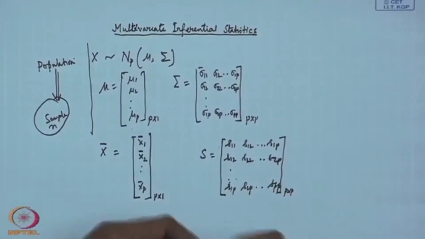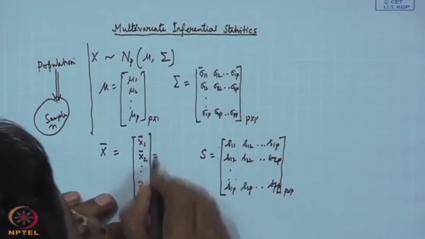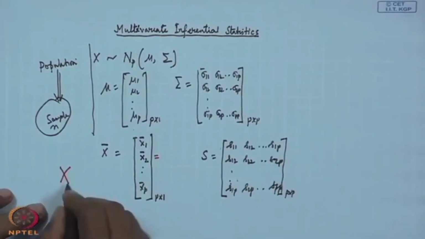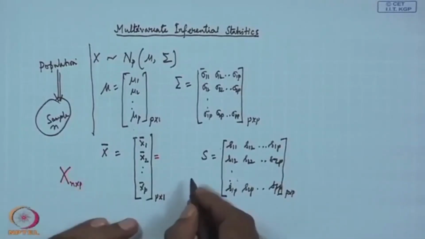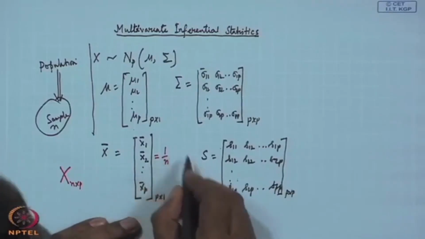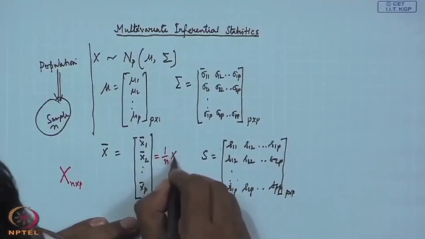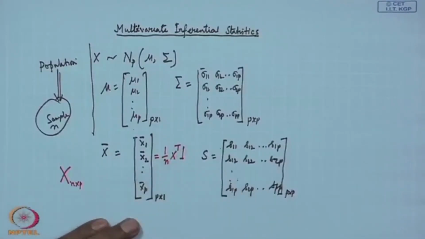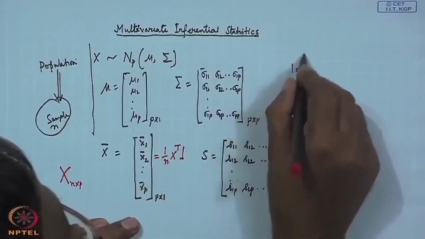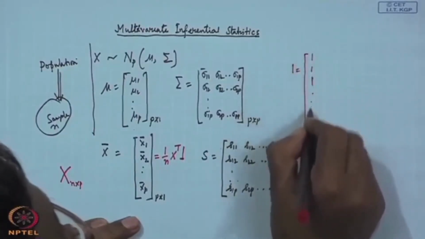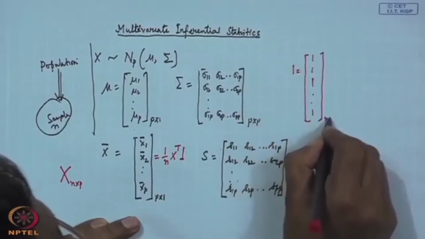What formula have you used earlier? If your data matrix is X, n cross p, then you have used 1 by n, X transpose, times a unit vector 1, which is 1 1 1, n cross 1.